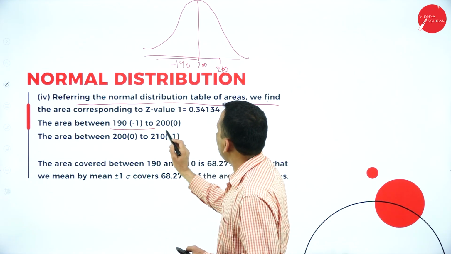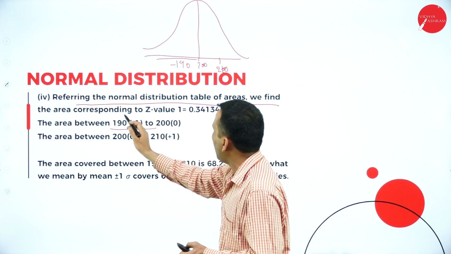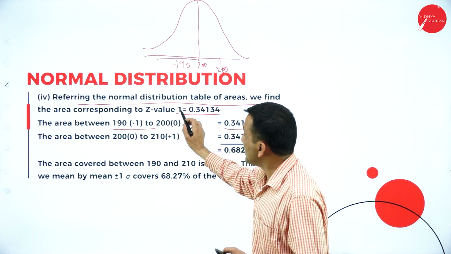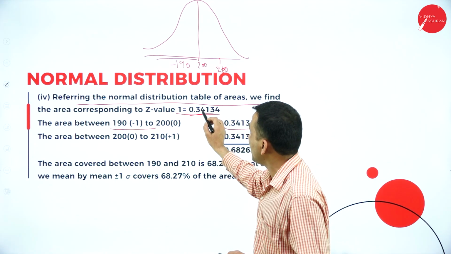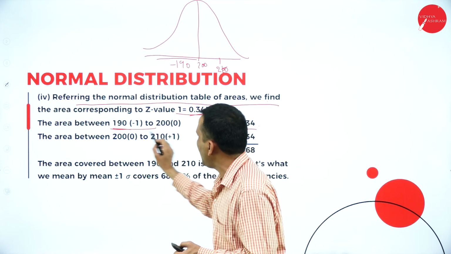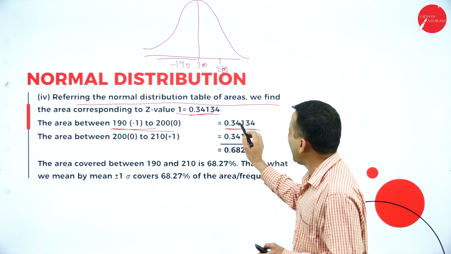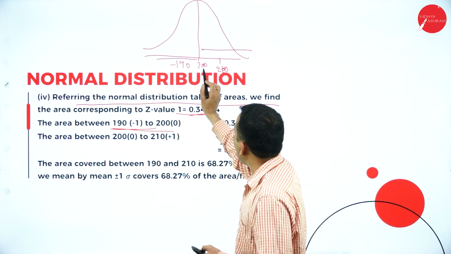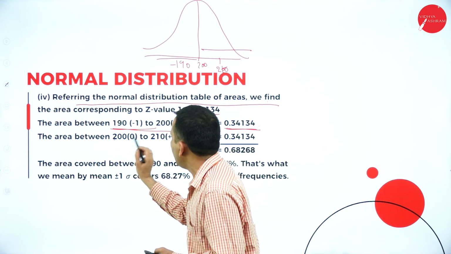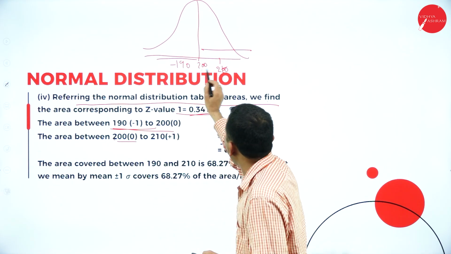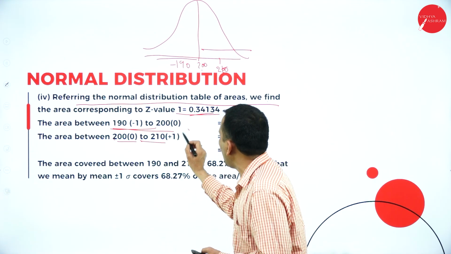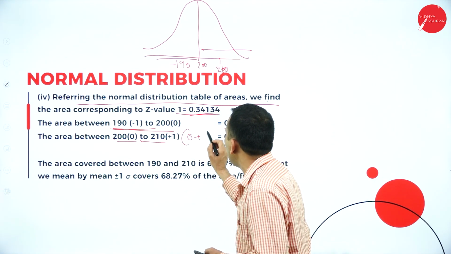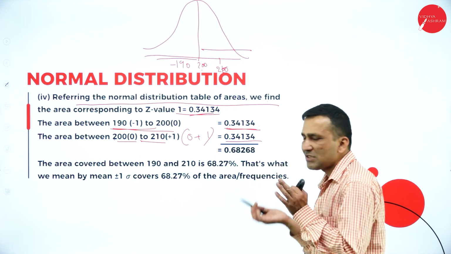Now for the left side, the value from the Z table is 0.3413. So the left side value is also 0.3413, and even the right side we are getting a value. So 200, which is nothing but 200 to 210, or you can write 0 to plus infinity. The value we are getting on both sides.